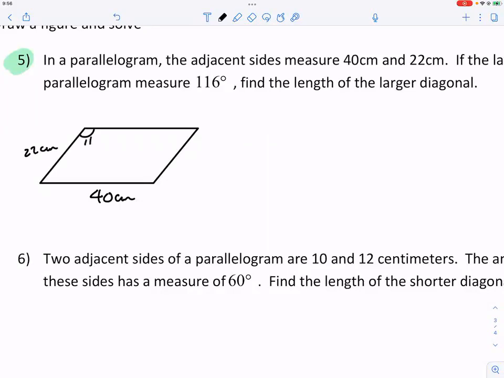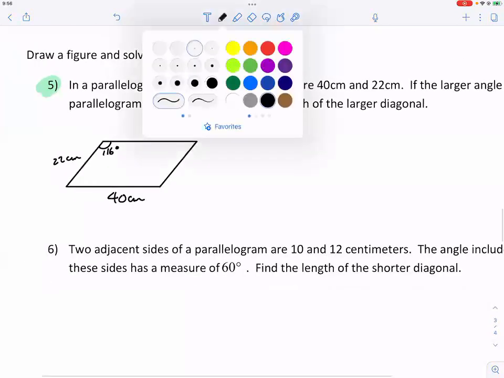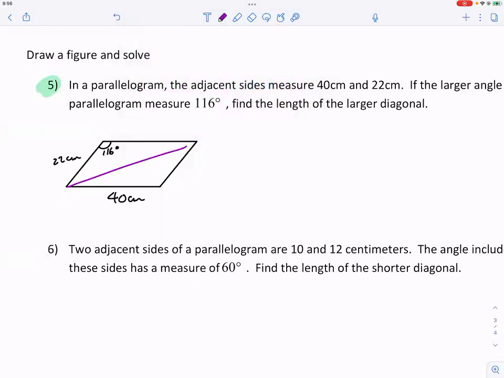So this angle, the larger obtuse angle, is 116, and you are asked to find the larger diagonal right here.